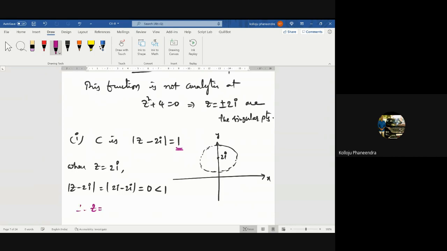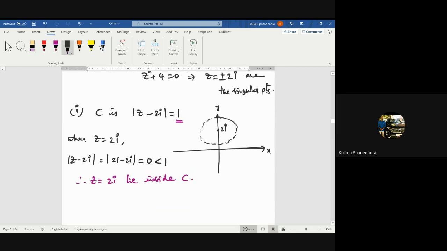Therefore z equal to 2i lies inside C. Now, when z equals minus 2i, mod z minus 2i becomes minus 2i minus 2i, minus 4i.